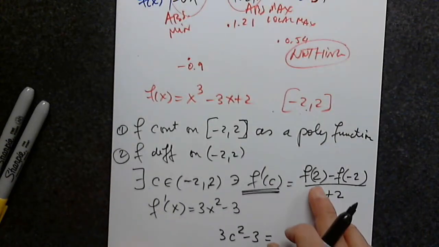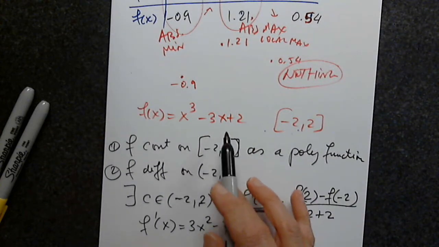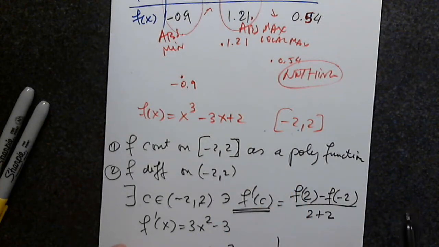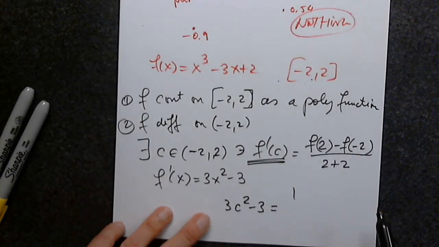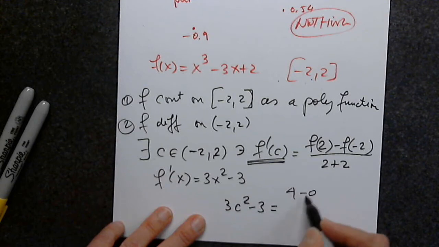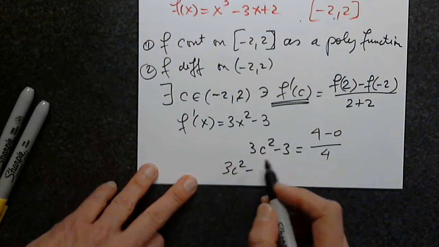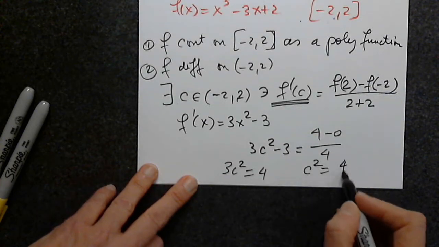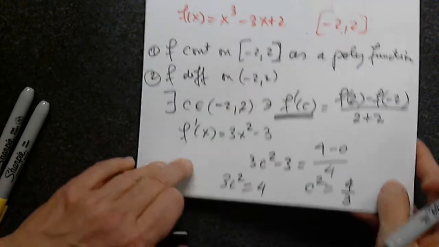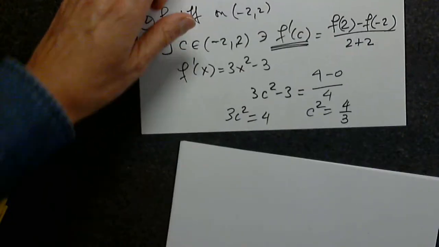How much did we get for f of 2? 4. Okay. How much did we get for f of negative 2? It's 0. So it's 4 minus 0 over 4. That's what I got. Very good. So then 3c squared minus 3 equals 1, so c squared equals 4/3, which means that c equals 2 divided by the square root of 3, with plus or minus.